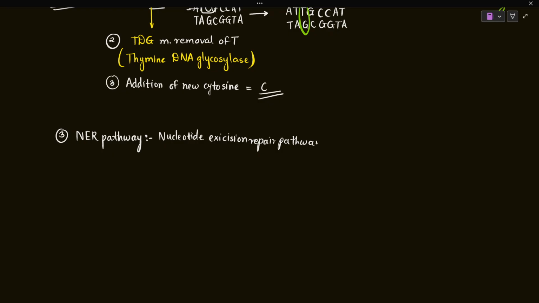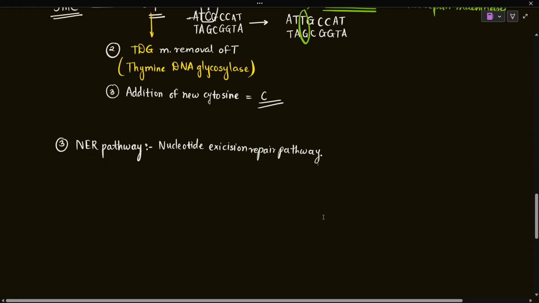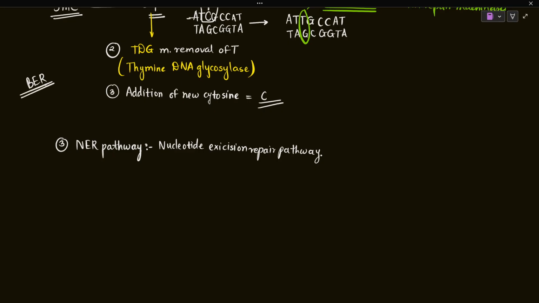Though this pathway is a bit costly, meaning it costs more energy than the base excision repair pathway, it is also a possibility for DNA demethylation. In the base excision repair pathway, we remove a base, while in the nucleotide excision repair pathway, a whole patch of DNA is removed.